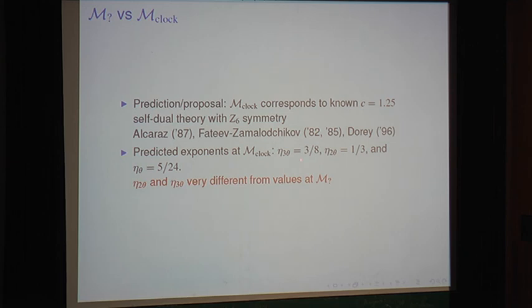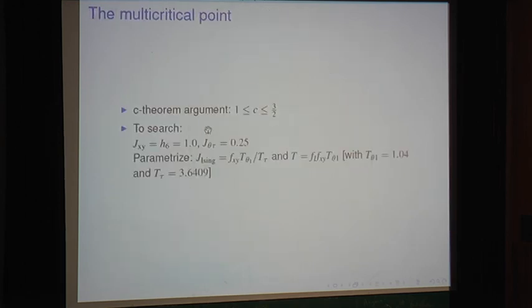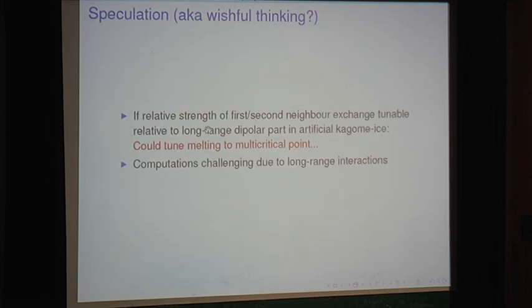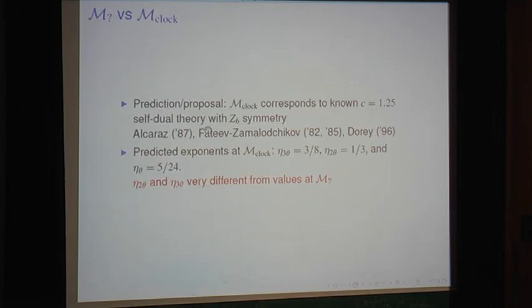And you can see these numbers, 3 theta being 3/8 and 2 theta being 1/3, are very different from the numerical measurements here, for 3 theta and 2 theta. And so, these are clearly two different universality classes, perhaps not surprising, but I was confused at the beginning. But unlike this one where there is an explicit description, I do not think we really know what this multicritical point is.